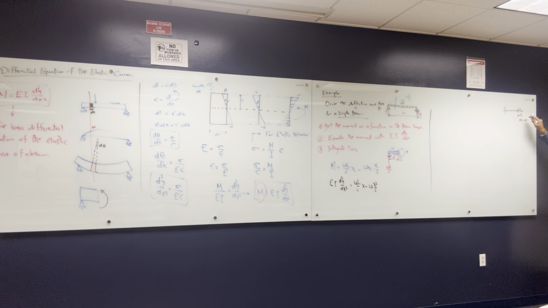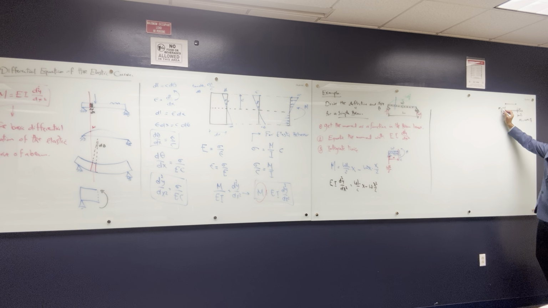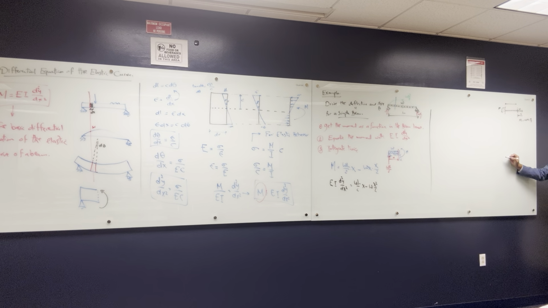W is negative because it's a negative moment if you look at the sign convention, multiplied by x. That's the load, and this is multiplied by x over 2. Or if you want to calculate from the other side, that's fine, but you are going to have the moment reaction inside the equation. Okay, here from the right side, and also you have load here. So whatever works for you, you can go for it.